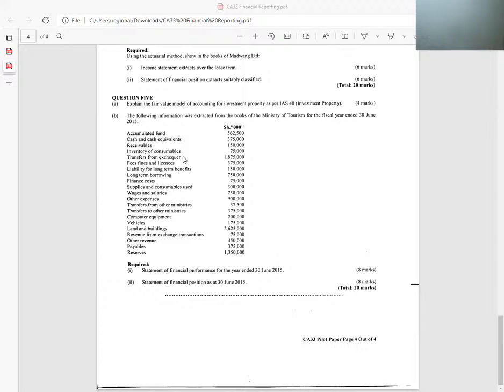How about transfers from the exchequer? Remember, exchequer is the government's wallet. The government's wallet is what we call the exchequer. All the government monies must be banked in the exchequer account, and it is the same exchequer that disburses. So in this case here, we have received something from exchequer.